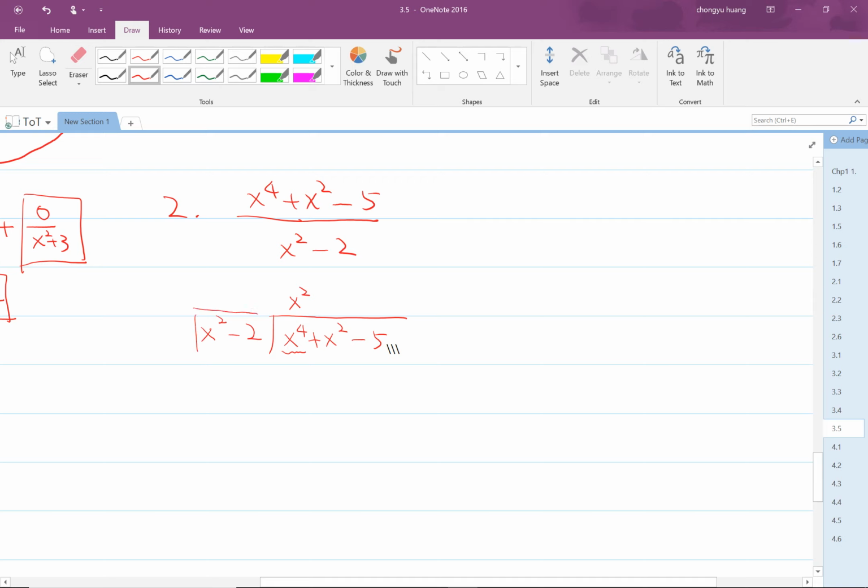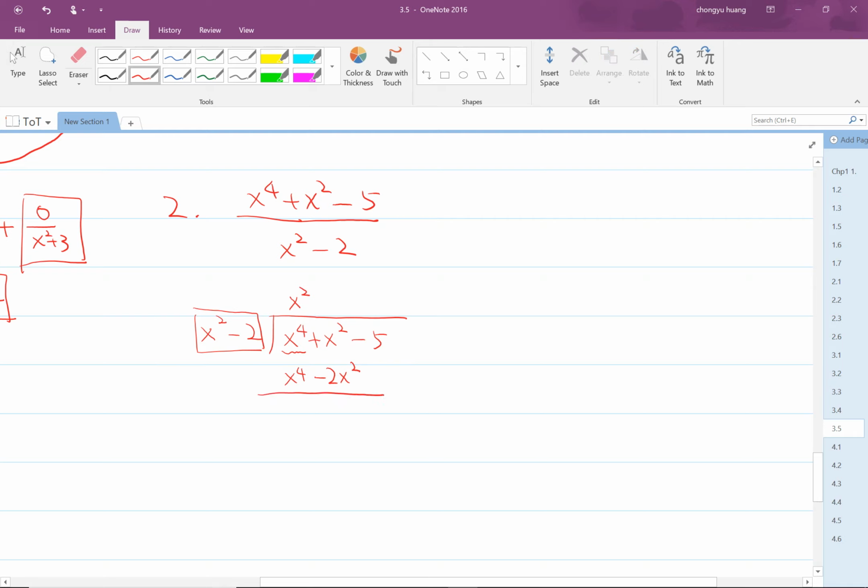So right now we have x to the power 2 multiplied by x to the power 2, so it's x to the power 4. And then we have negative 2 multiplied by x to the power 2, so it's negative 2x to the power 2. Let me cancel this, sorry.